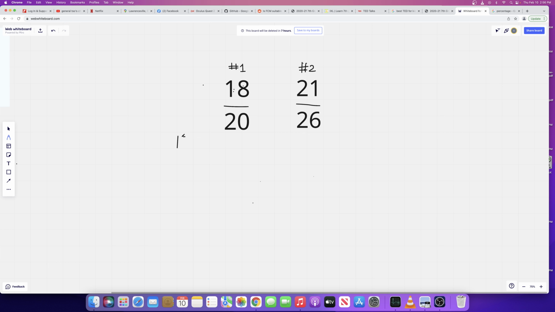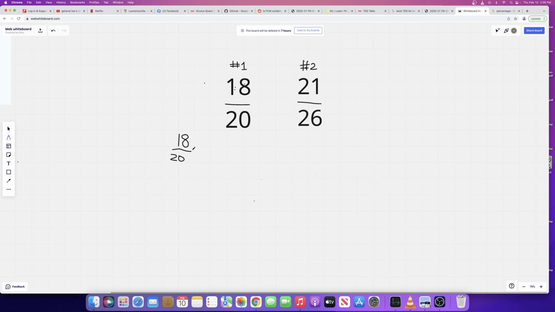So let's write down 18 over 20. This is the ratio that we have, times 5 over 5, because we're multiplying it by a fraction. Then we know that our denominator is going to be 100, because if it's over 100, that's what it means by percent.